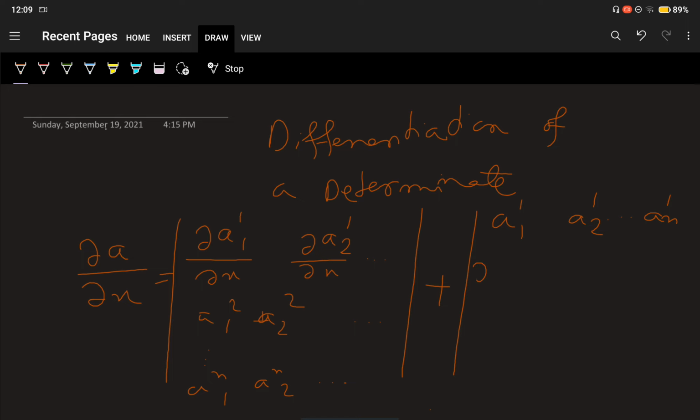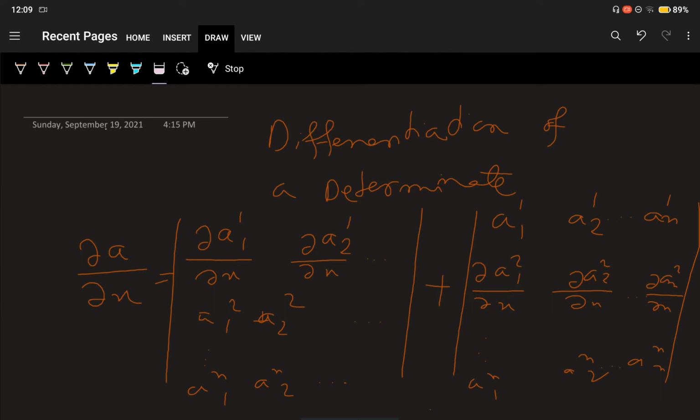Now the second row differentiation: A21, A22 and so on, with the second row del A21 divided by del X, del A22 divided by del X, and so on to del A2n divided by del X, and the remaining rows An1, An2, and so on. Then thereafter the third row differentiation, then the fourth row, then the nth row, and so on.